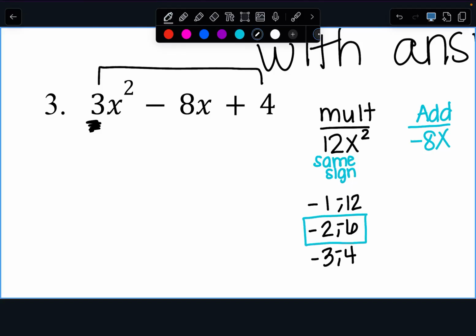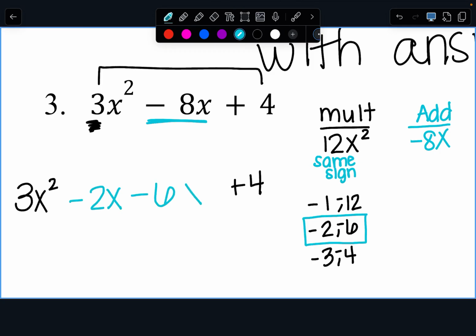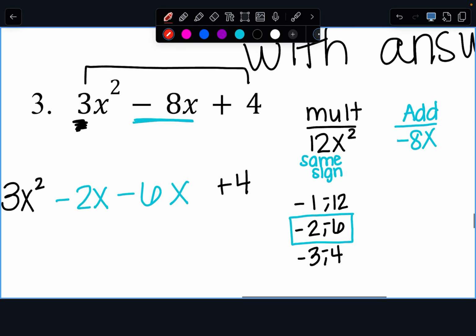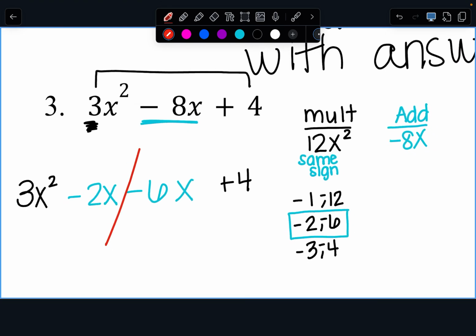So, keep the first term, keep the last term, but we're replacing this with the 2 we just found. Minus 2x minus 6x. Because that middle term had an x, that's why those both have x's. And then split it down the middle.